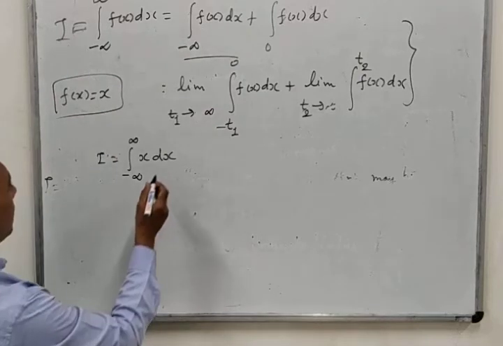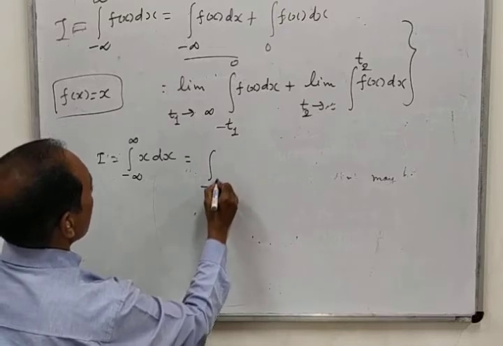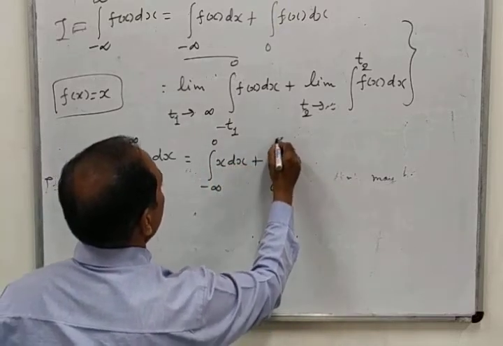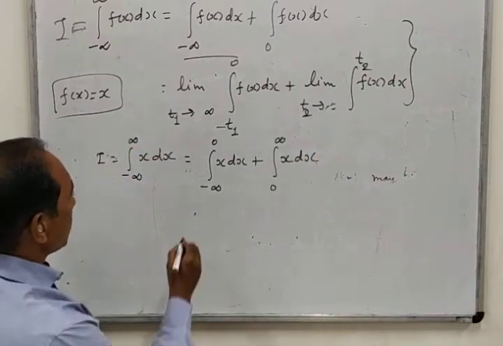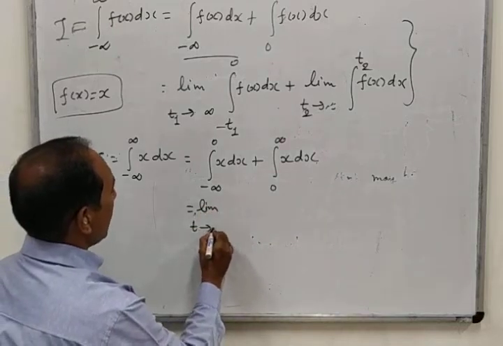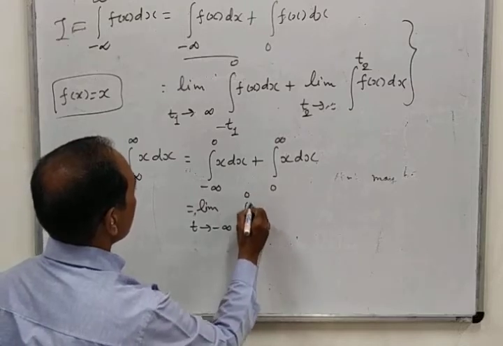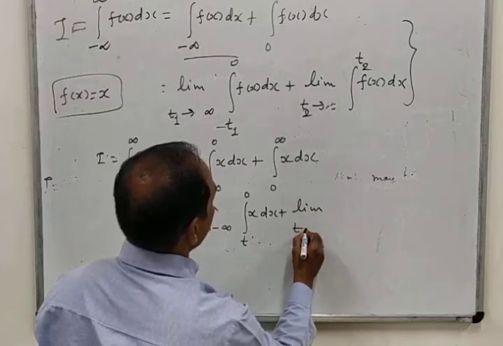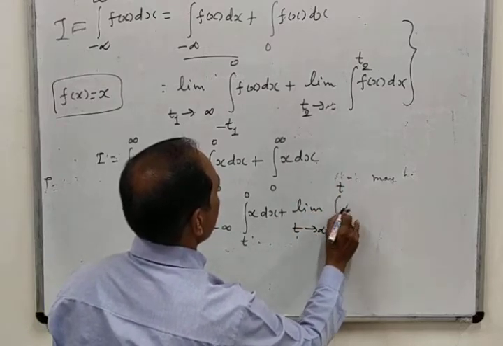So if this is, then I will write this into two integrals, plus 0 to infinity x dx. So this I will write as limit t tends to minus infinity, t to 0 x dx plus this as limit t tends to infinity, 0 to t x dx.